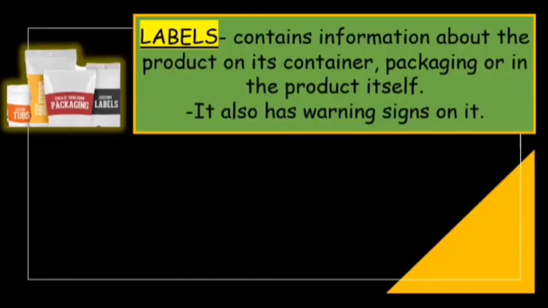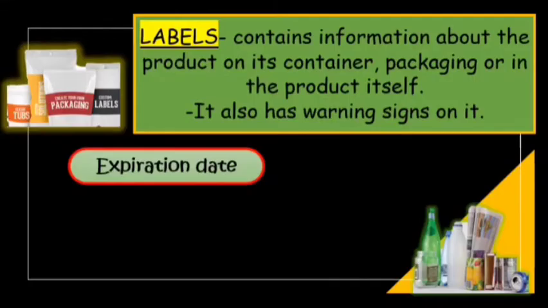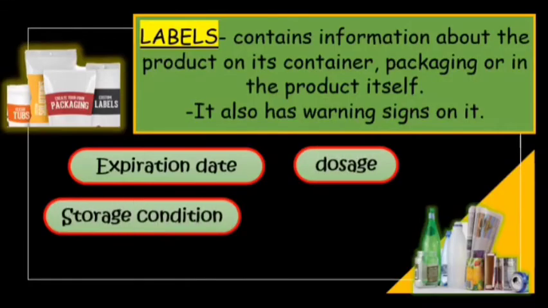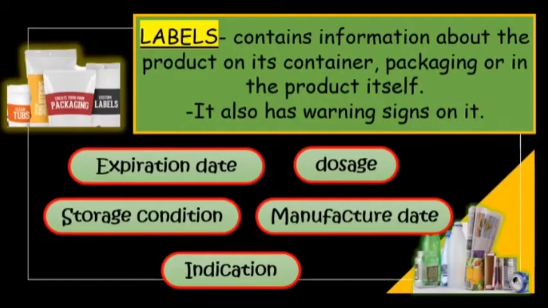Labels contain information about the product on its container, packaging, or in the product itself. Through product labels, consumers become aware of whether the product is harmful or not. It also has warning signs on it, just like expiration date, dosage, storage condition, manufacture date, and indication.